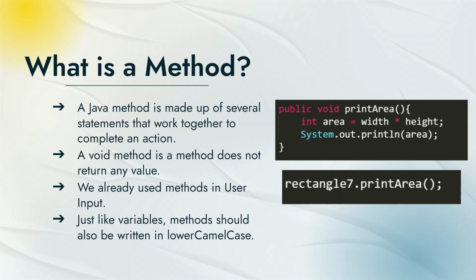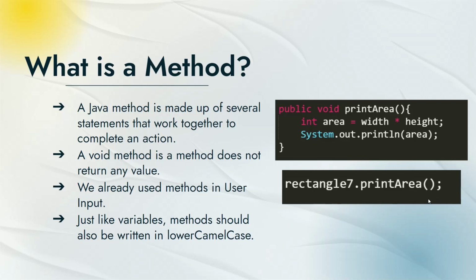By the way, this code would be in the class, and this code would be in the main method, or you could use it in any other method, but for now let's just stick to the main method. I said rectangle7.printArea. Rectangle7 is an object, and I said rectangle7 dot method name. So object dot method name runs the method for this object.